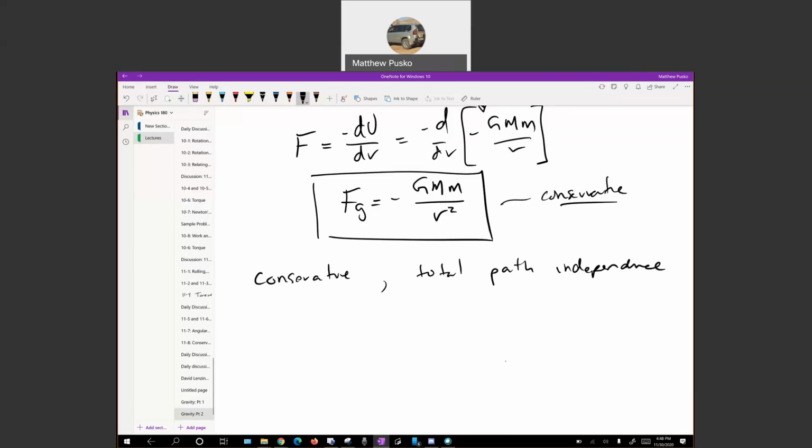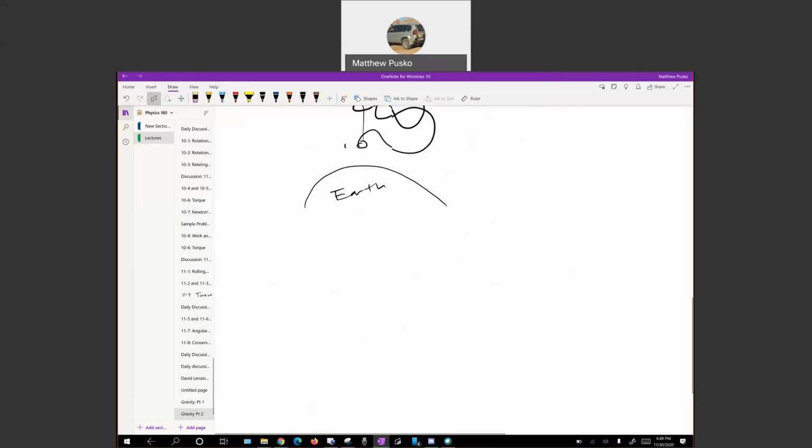That means, if you remember, let's say this is Earth, it doesn't matter if we bring the object directly up from point 1 to point 2, or if we decide to take some path like this. The potential is the same. The work done is the same. So gravity is a conservative force.